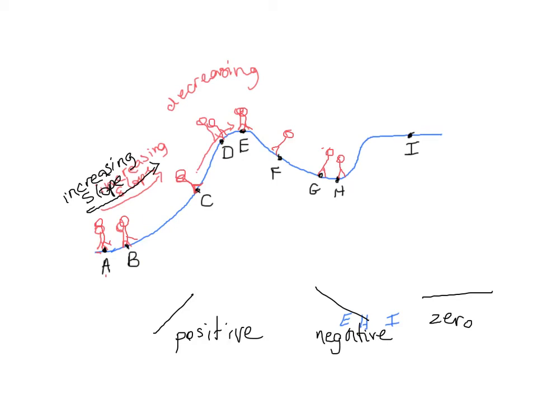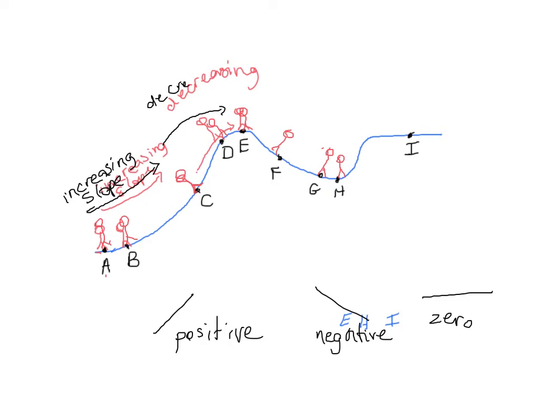However, from C to E, this guy's having an easier and easier time until it flattens out. So from C to E, the slope actually starts to decrease. Even though the function is increasing, the slope is decreasing because our little red guy here is having an easier and easier time climbing up our hill.